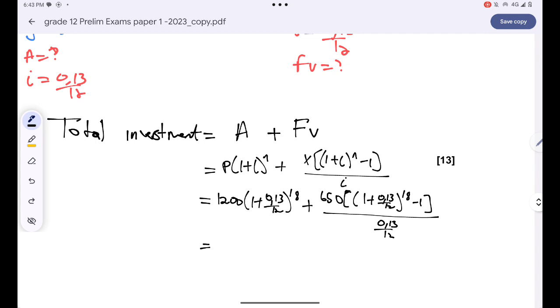Over here, I'll get an amount of 14,299 rands and 8 cents. This is the amount of money that Ronan will have after 18 months.